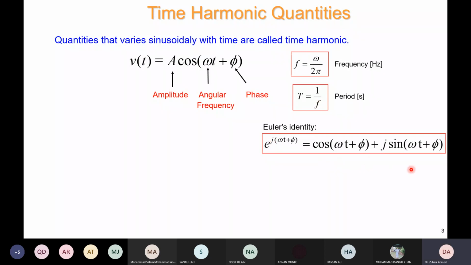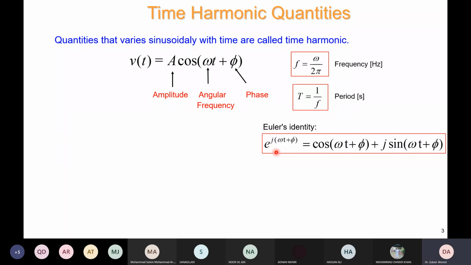Now, using the Euler identity. This is the Euler identity: exponential of j times omega t plus phi is equal to cosine of omega t plus phi plus j sine of omega t plus phi. We can express this instantaneous time domain quantity in phasor form.